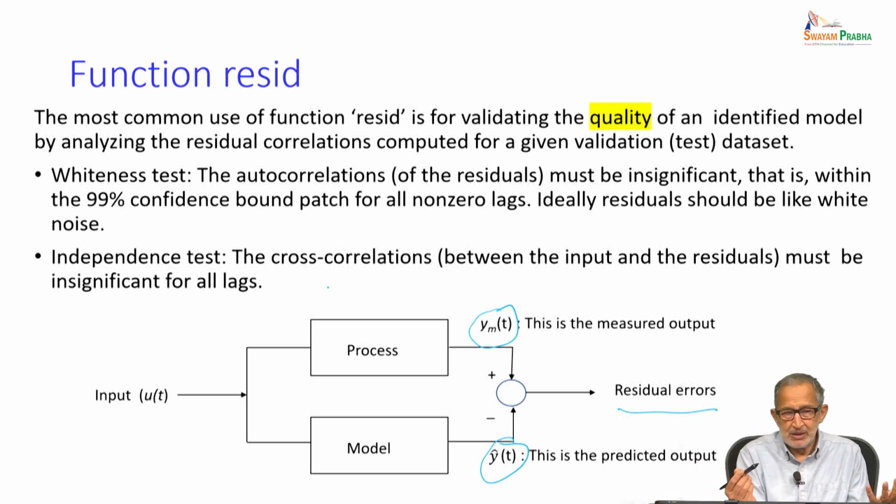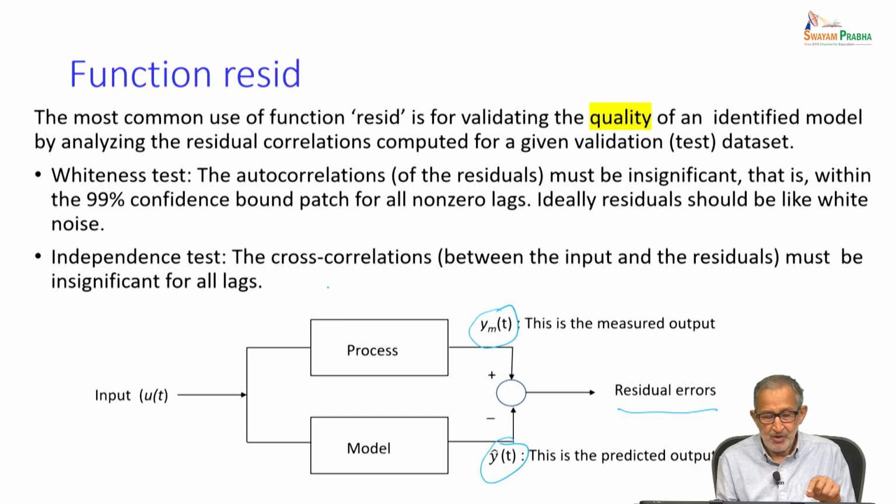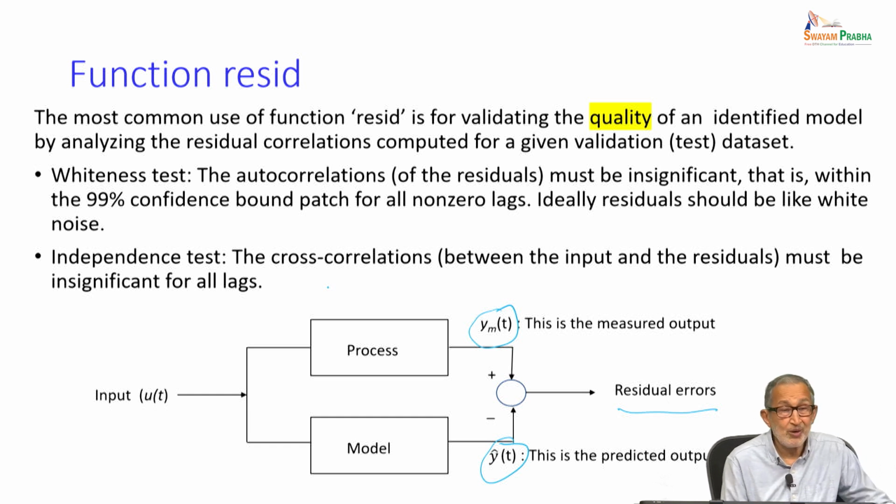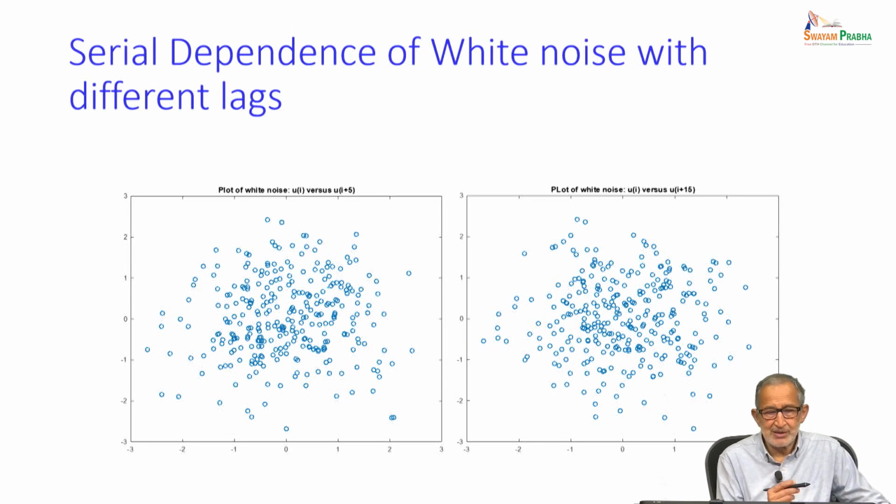So the saying here is you should have squeezed out every bit of information that you can get from the input excitation into this process and include that in the model, with the result that the correlation between the input and the residual should be insignificant for all lags. Let's check this out.